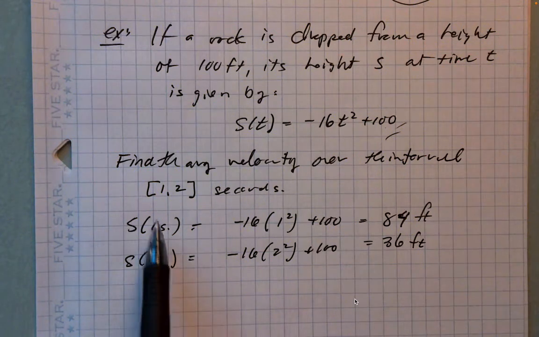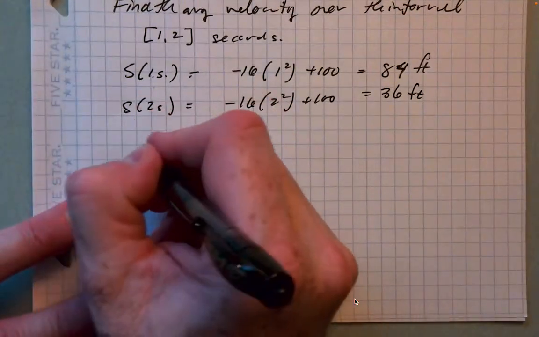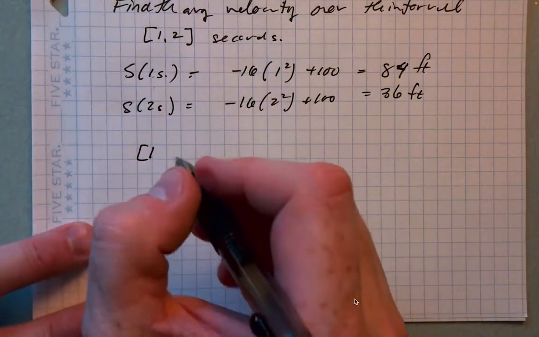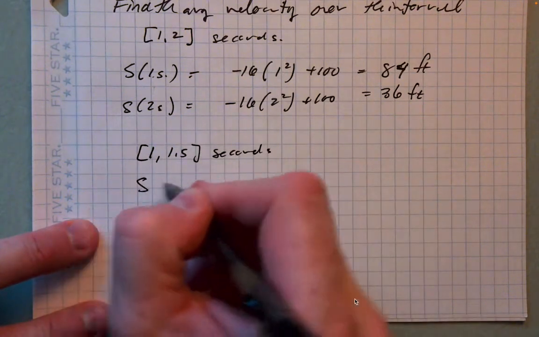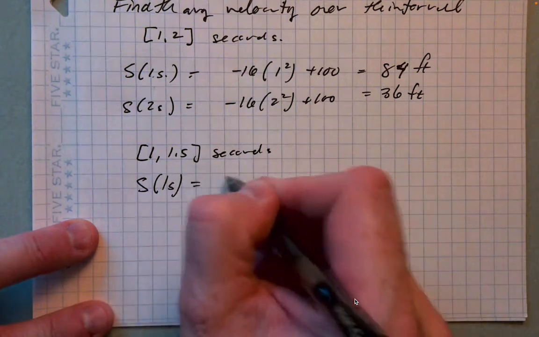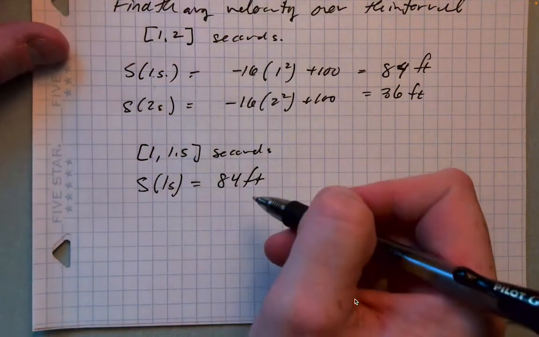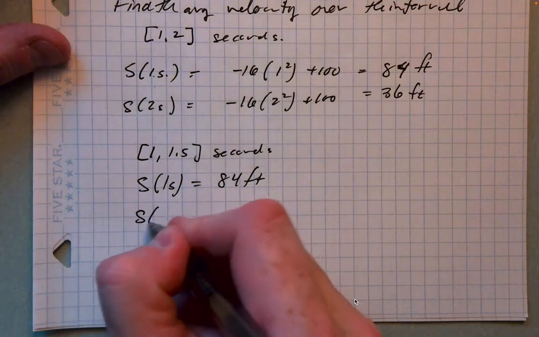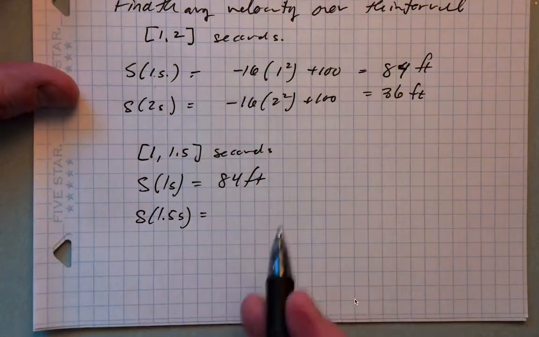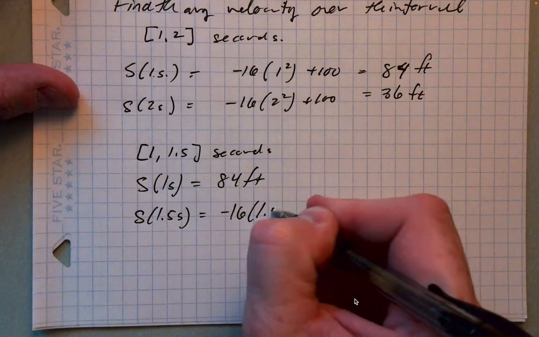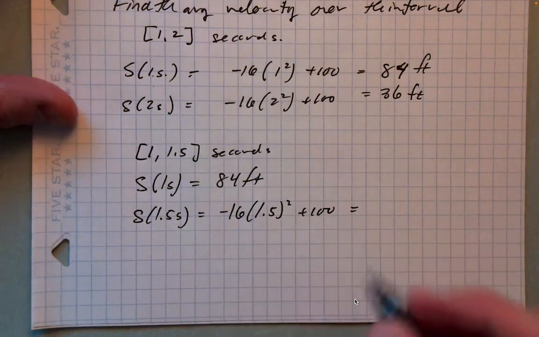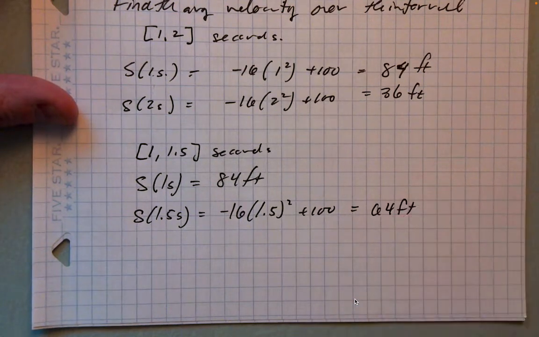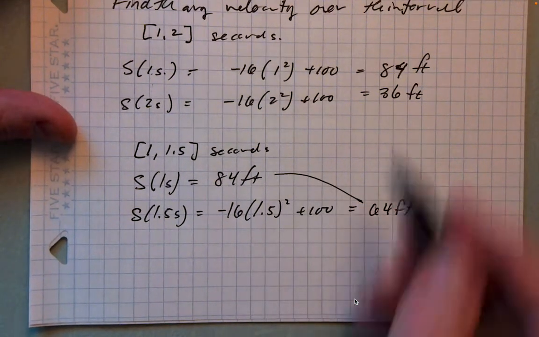Now, 1 second and 2 seconds are rather far apart. Let's see what happens when we tighten up that interval. What about 1 and 1.5 seconds? Again, s of 1 second is 84 feet. But what happens at s of 1.5 seconds? It's negative 16 times 1.5 squared plus 100. When you run those numbers, you get 64 feet. So you can see those are closer.